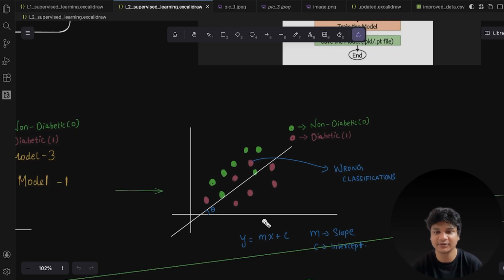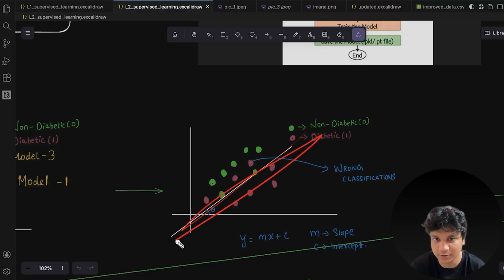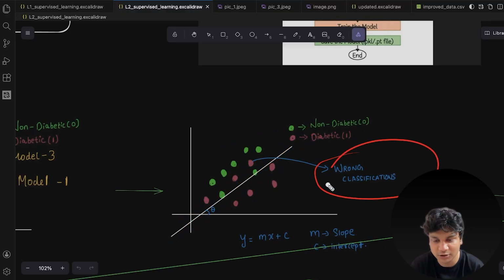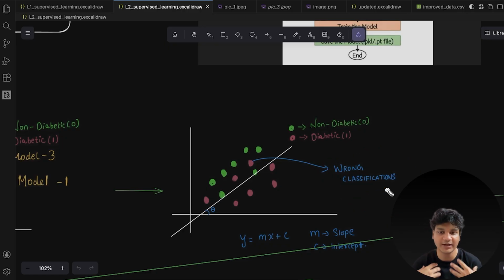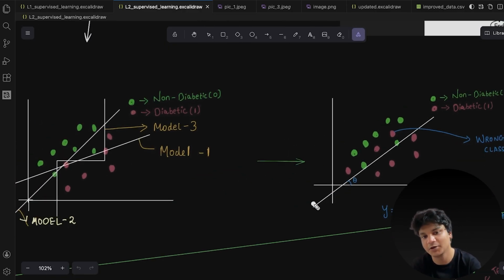For our simplicity, I think this line is good, because the simple line equation is y = mx + c, where m is the slope, which means the theta. So I can just change the theta value to move this line up and down so that it can do the classification really well. Currently it is doing the wrong classification, but we know that after training, this line can perform better. Now let's move to the next step.